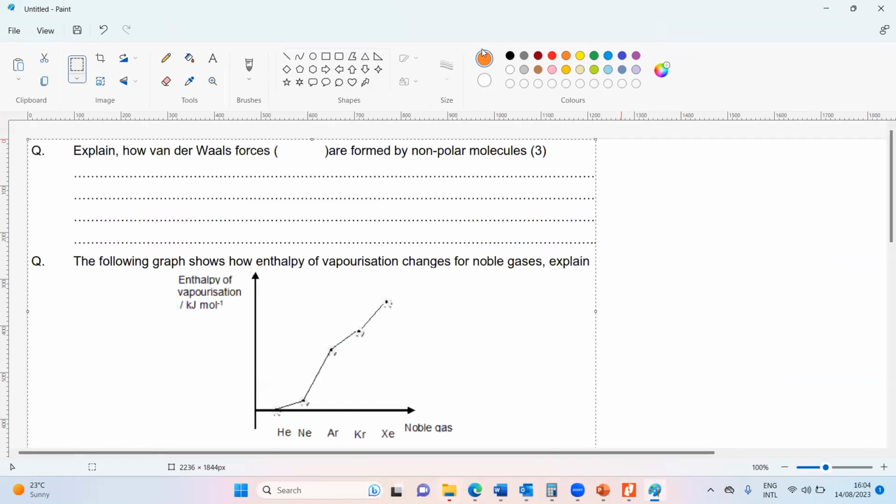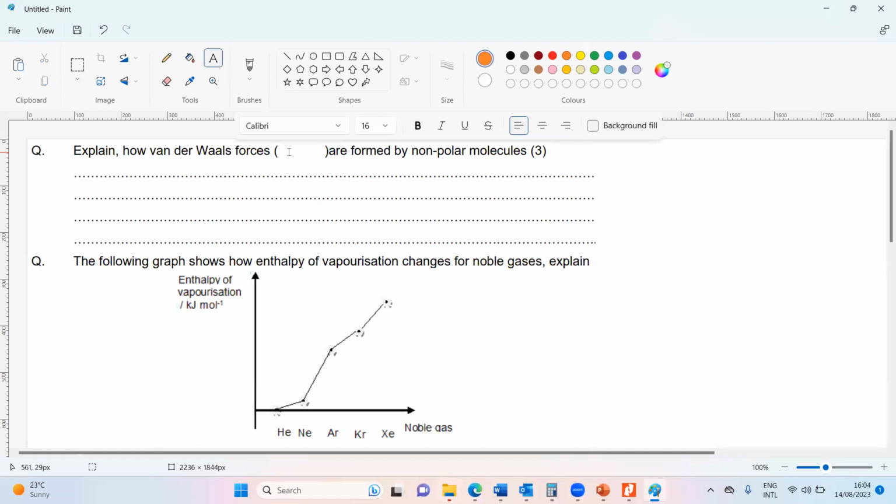Explain how van der Waals forces are formed by non-polar molecules. It's a past paper question. I want to discuss this to teach you how to get 3 marks.